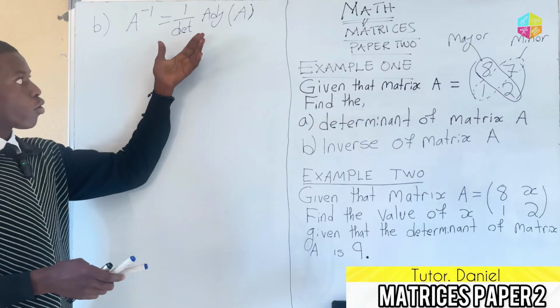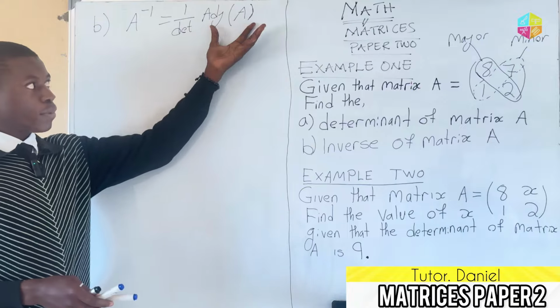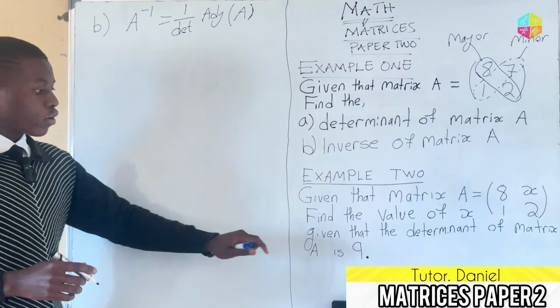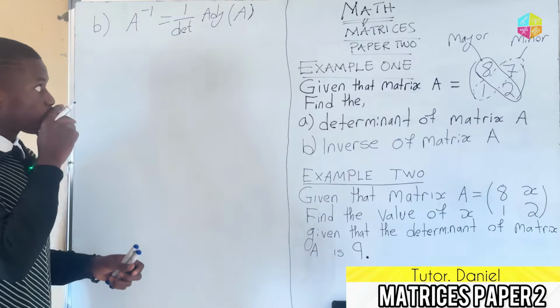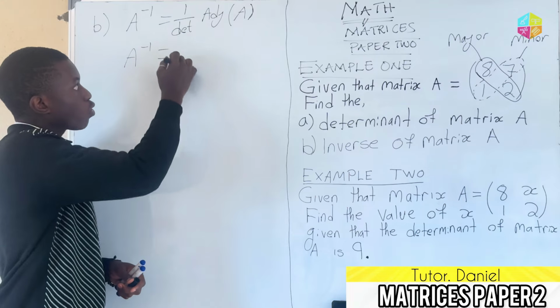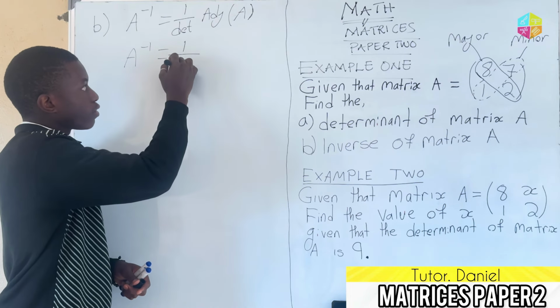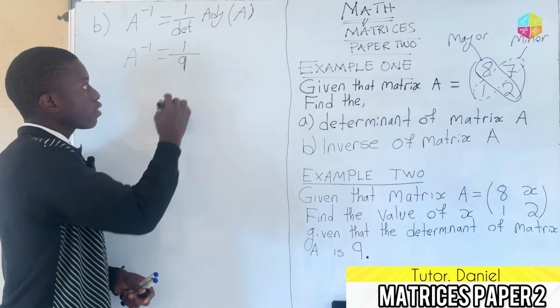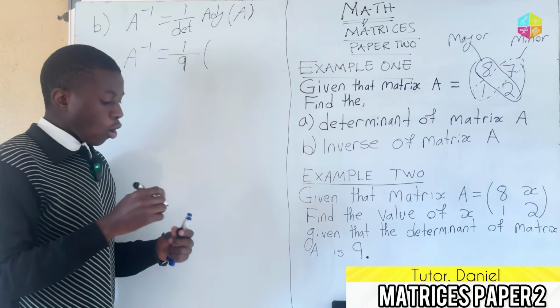Simply divide 1 over the determinant, multiplied by our matrix. We had found our determinant to be 9. So I'll say A inverse is equal to 1 divided by the determinant. Our determinant is 9. So 1 divided by 9 multiplied by our matrix A.